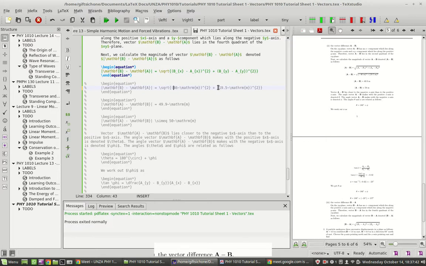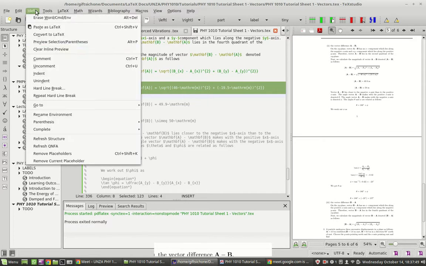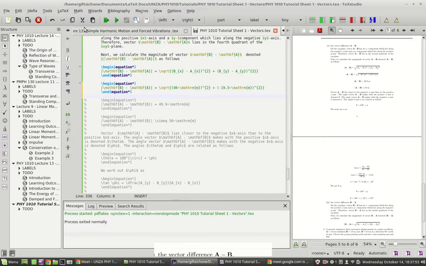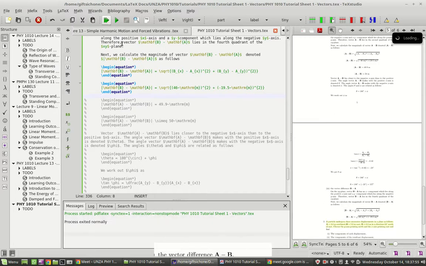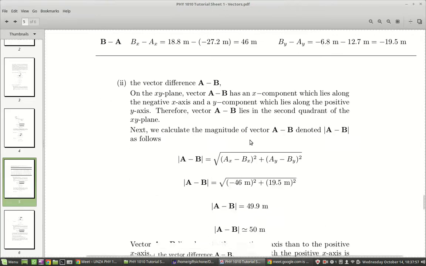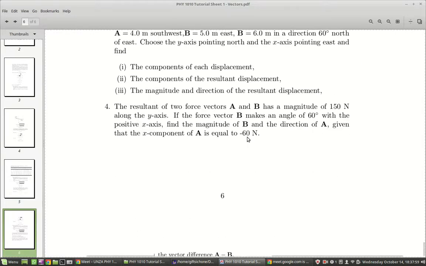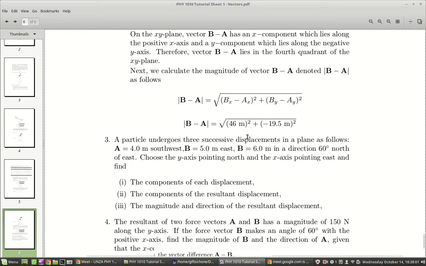We have 46 squared plus minus 19.5 squared.